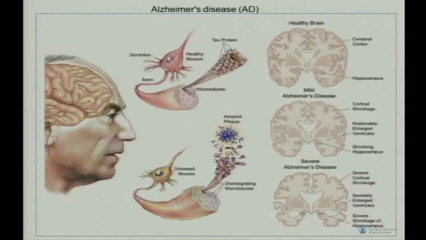So when we look at the brains of people with Alzheimer's disease, we see some very characteristic physical changes. Number one, most obvious, is atrophy. So there is a progressive loss of brain mass. The actual brain shrinks with Alzheimer's disease. And that brain shrinkage is going to affect all parts of the brain, including the brainstem and basic vegetative function.